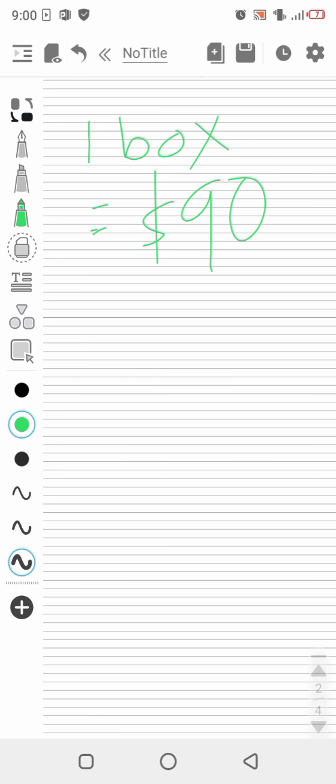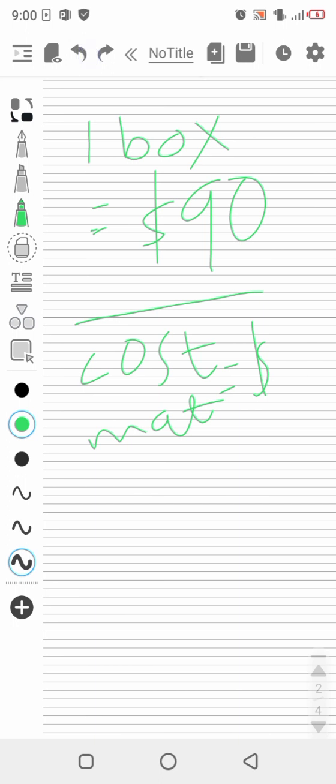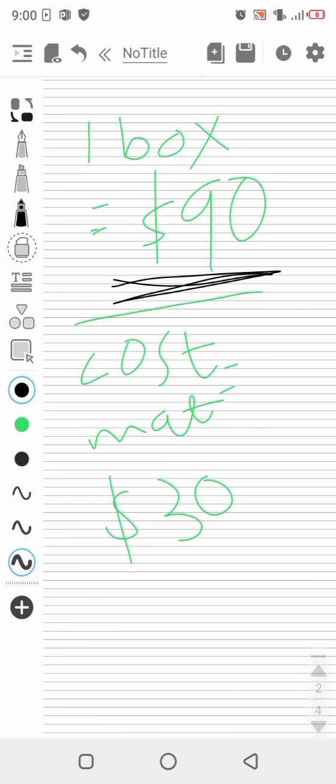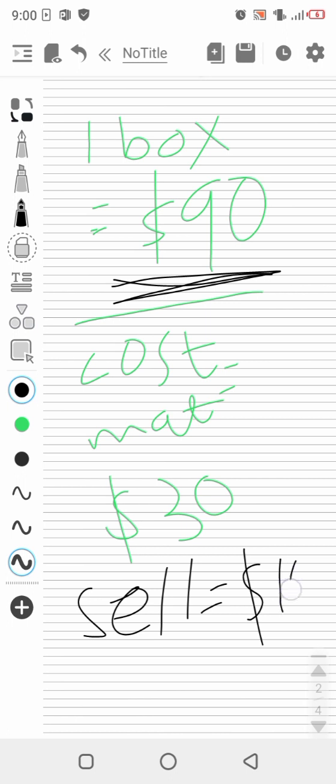I can increase the added value. How? There are two methods. First, by increasing the selling price. The cost of bought in materials and components is $30. I'll write it here to make it more clear. So it is $30. And if I increase my selling price, first my selling price was 90. Now my selling price is $100.